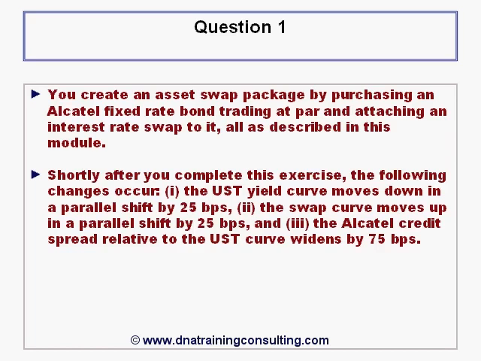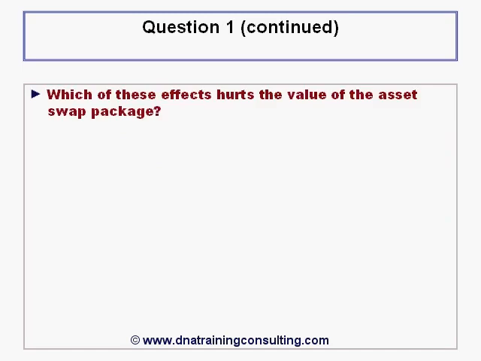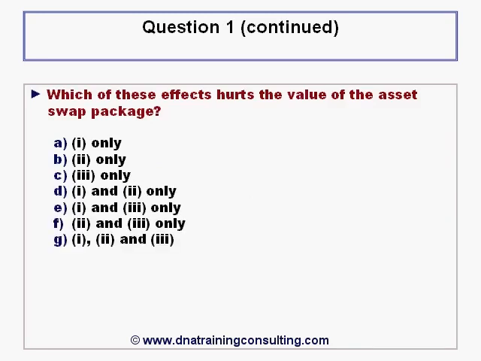The Alcatel credit spread relative to the U.S. Treasury curve widens by 75 bips. Which of the above effects hurts the value of the asset swap package? Here are 7 potential answers for you to choose a single one from.